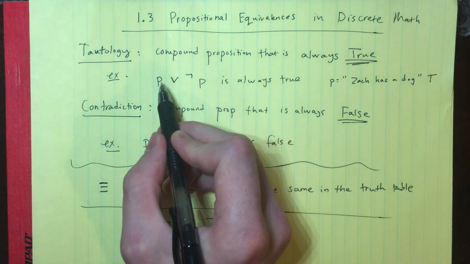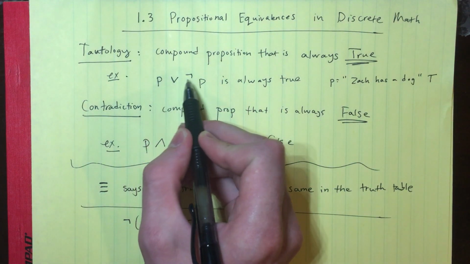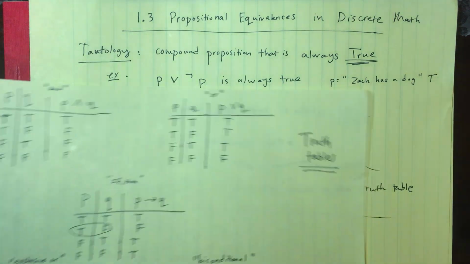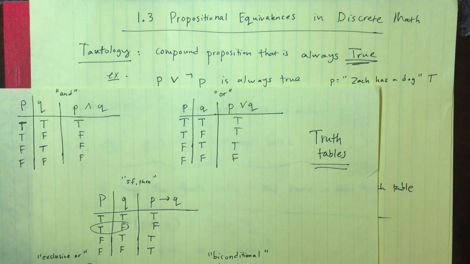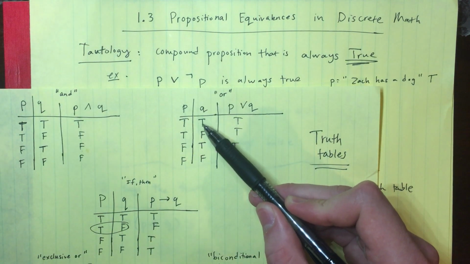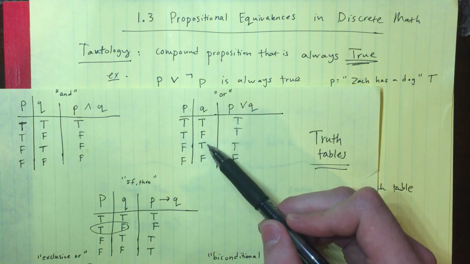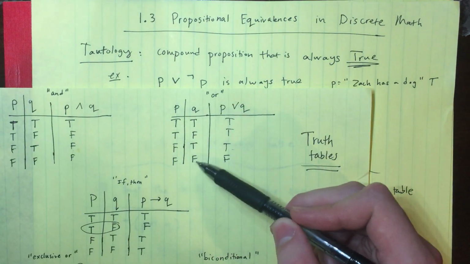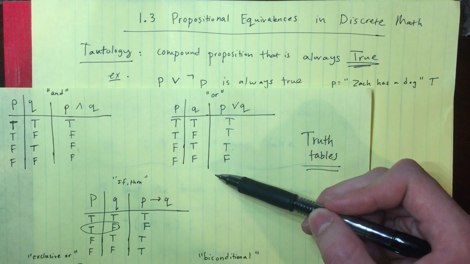No matter what you put in here, this is going to be true, because it's negating it. If you look at a truth table of OR, no matter what, when you have a T, it's always going to be true. In this one right here, there's no T, so it's always false.